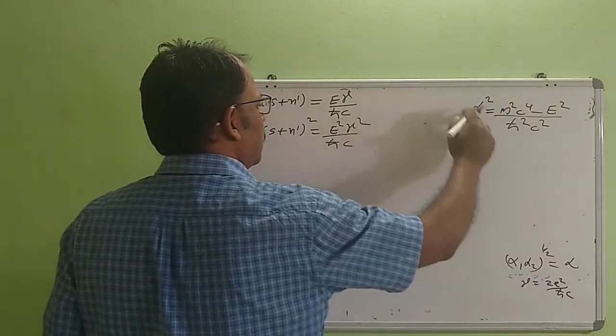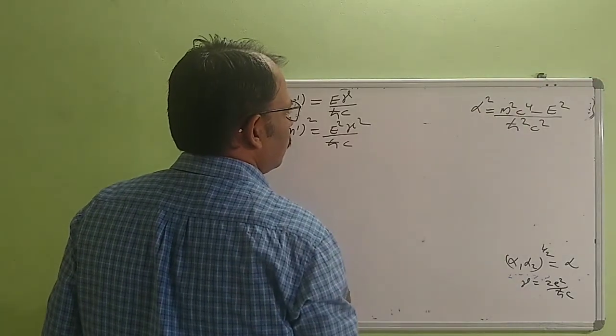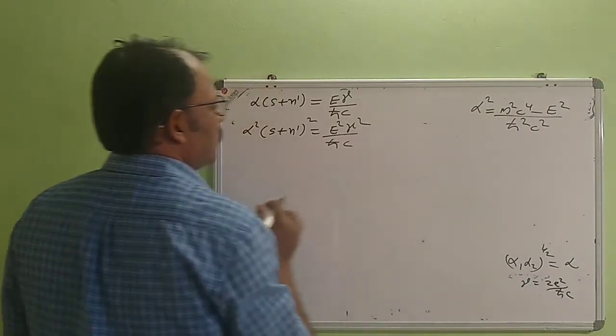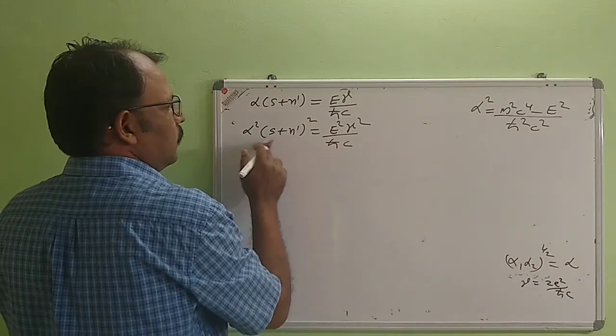So we have seen alpha square as m square c raised to 4 minus E square by h bar square c square.